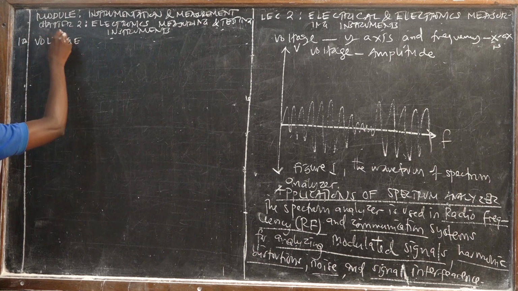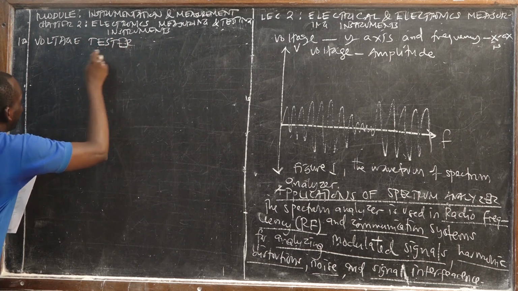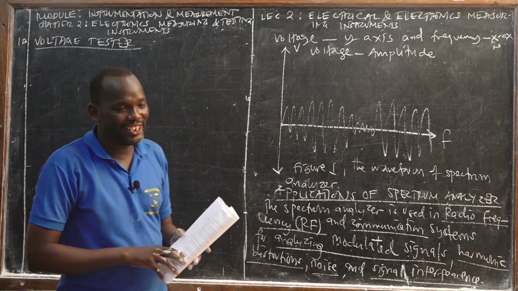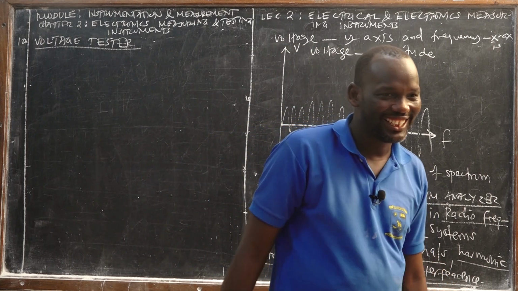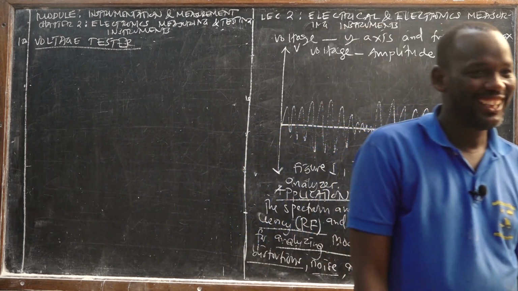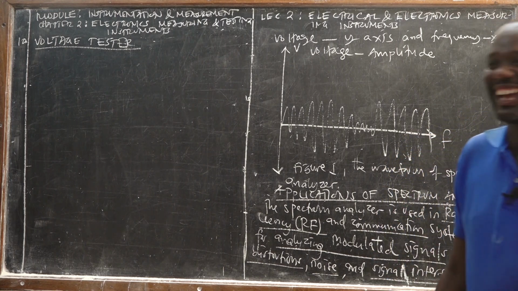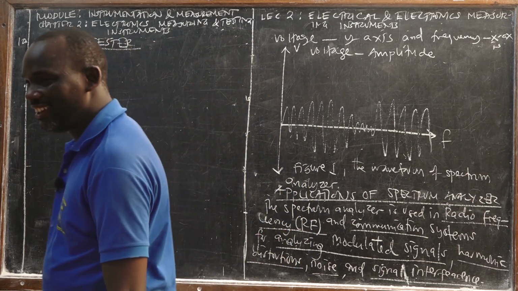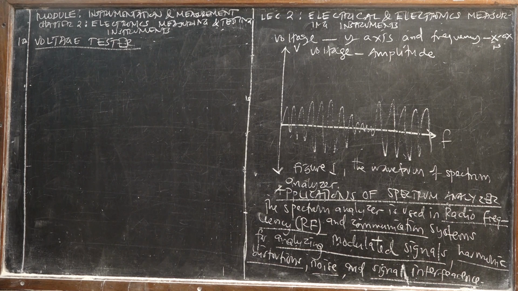Ask your neighbor, what is voltage tester? This is simple. What is voltage tester? Ask your neighbor Johari, what is voltage tester as electrical engineer? Or everything to you is new? Try. What is voltage tester? Is it the electric tester? Ask your neighbor.